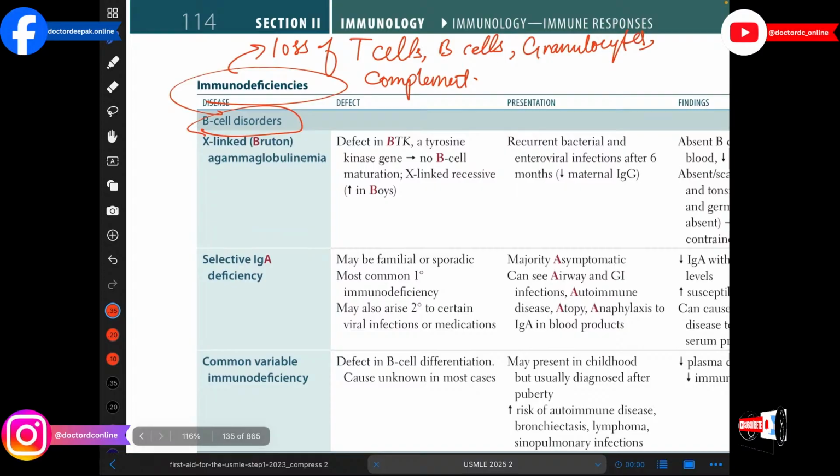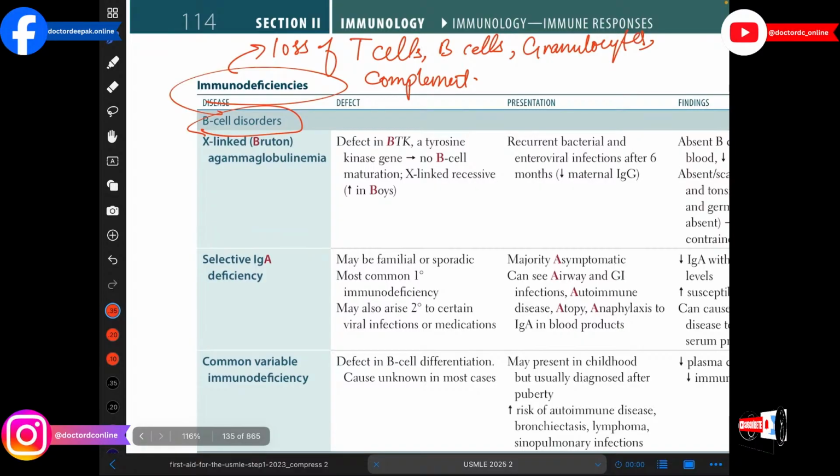The key findings of X-linked agammaglobulinemia are that there are no mature B cells.